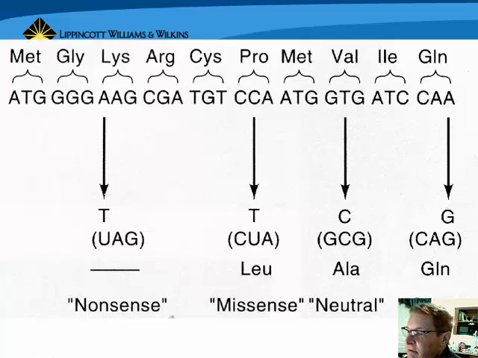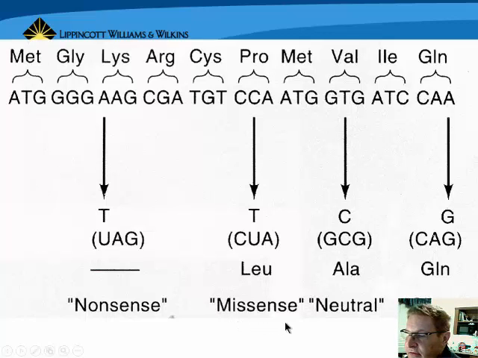Okay. Now here with the valine with the T going to a C, yes, it's a change in the DNA sequence, but because valine and alanine are very similar amino acids, it's called a neutral mutation.